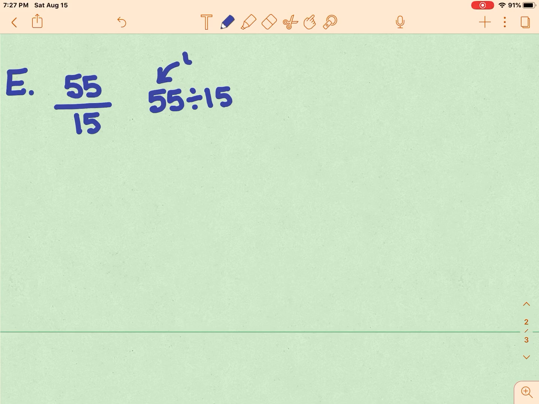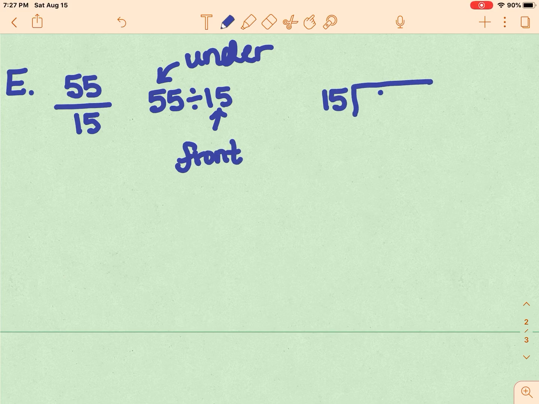So remember, this is going to go under and this is going to go in front of the division bar. So if I want to see how many times 15 is going to go into 55, the closest it can get is 3.